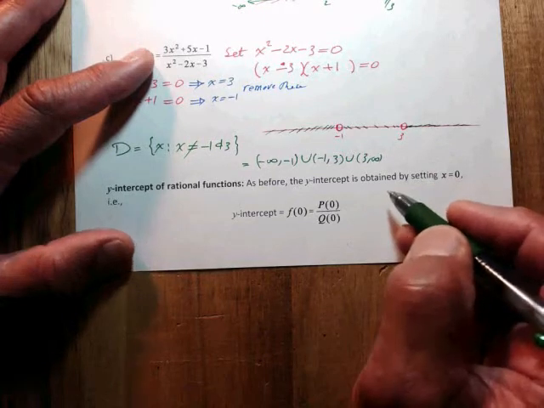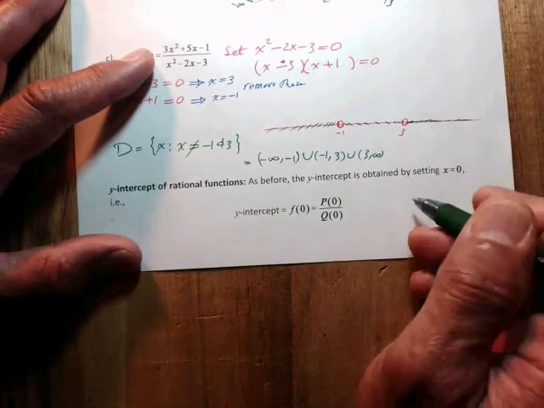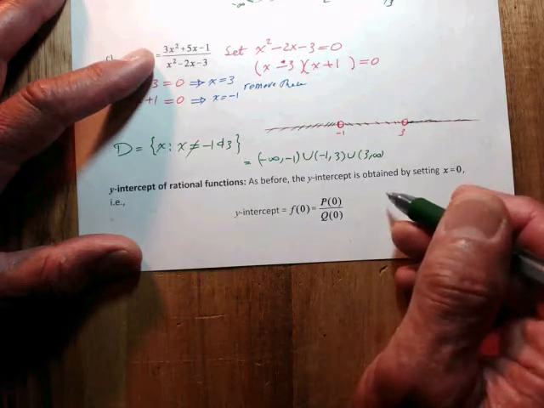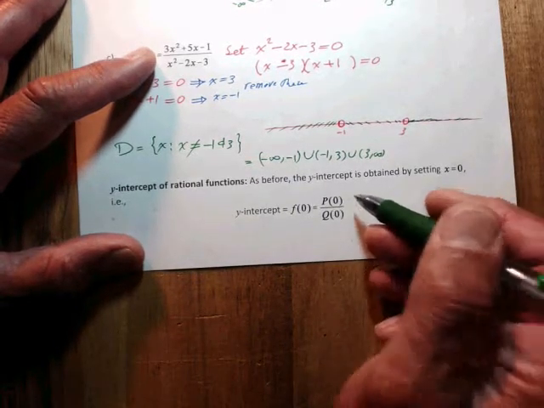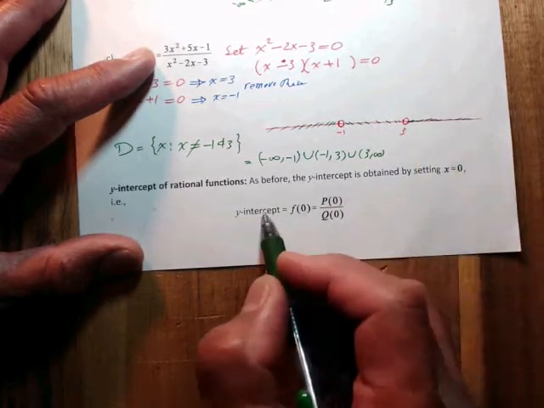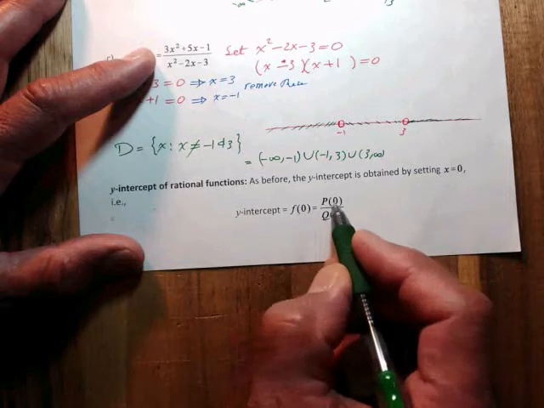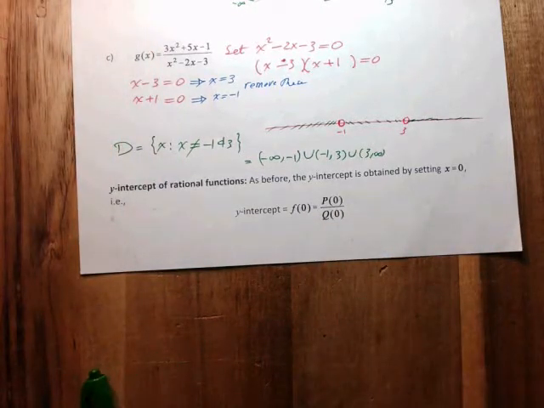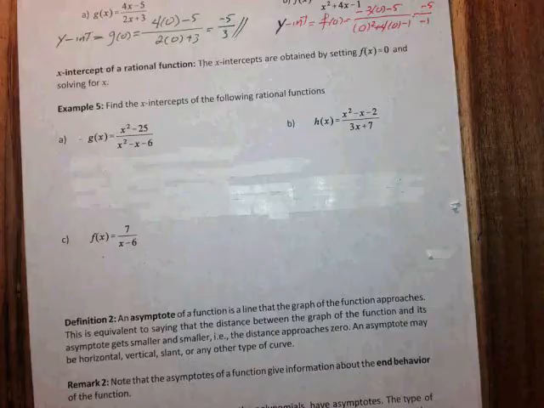Because y-intercept is the point where the graph of the function crosses the y-axis, therefore the x value is 0. So I put x equal to 0, and what I get is the y-intercept. So y-intercept is f of 0, which is p of 0 divided by q of 0. So let's look at some examples.